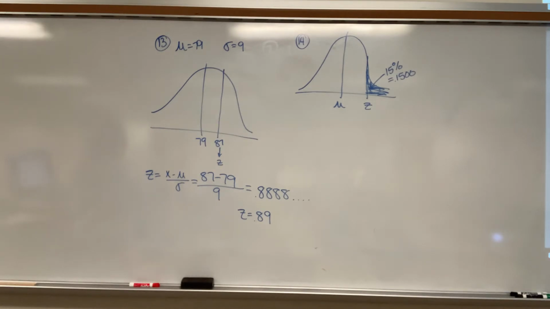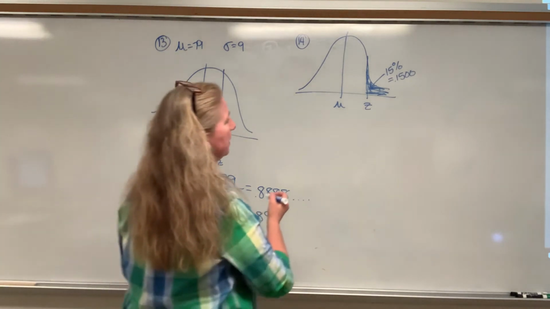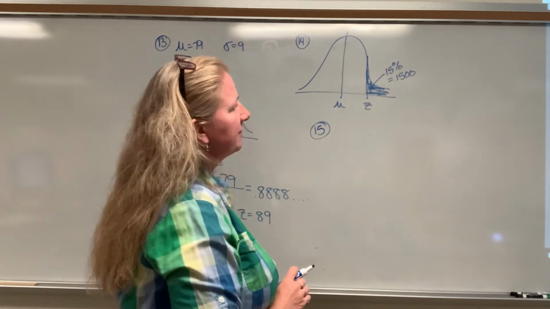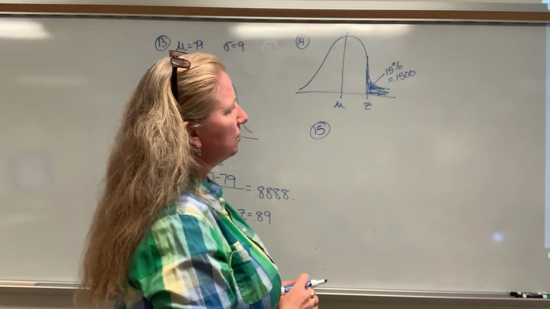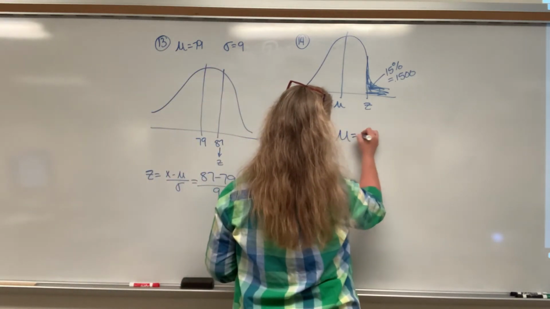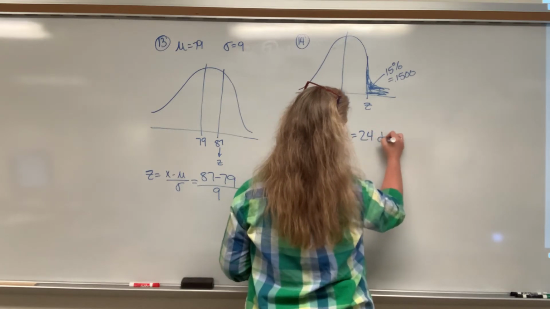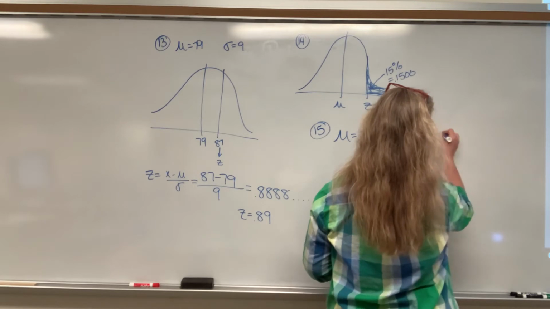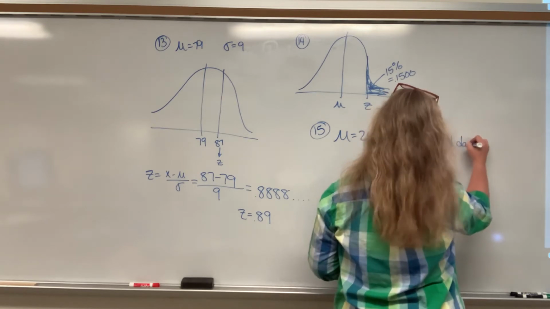Number 15, the incubation period for some chickies is normally distributed with a mean of 24 days and a standard deviation of 1 day. Let's keep the math easy.